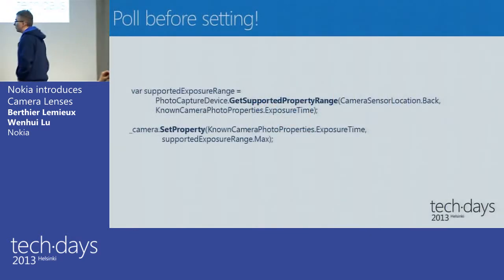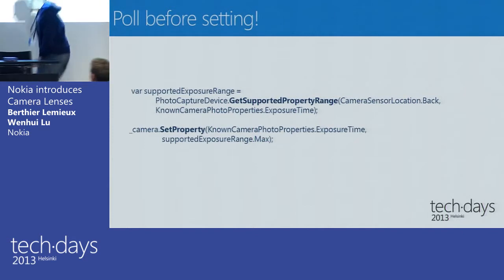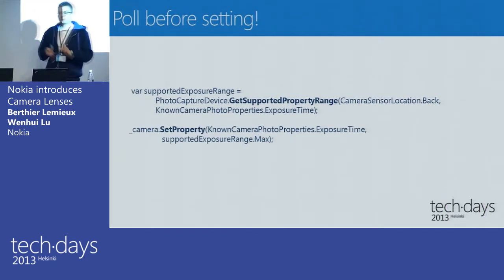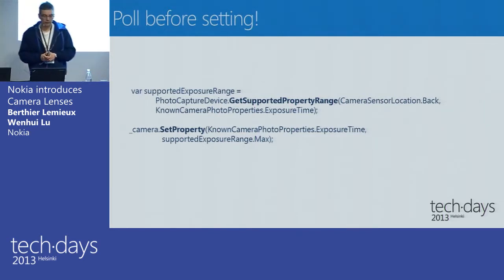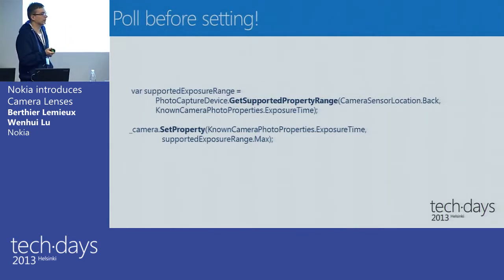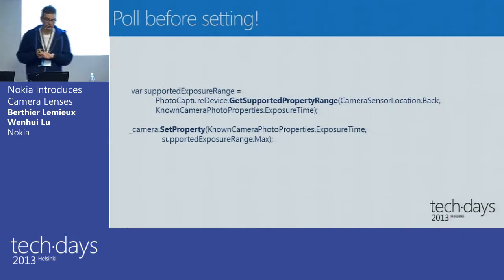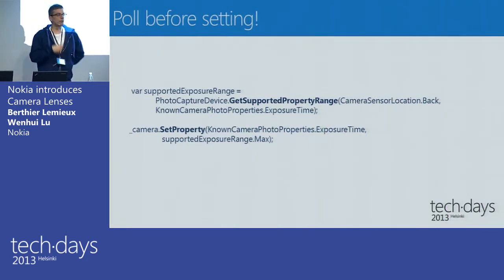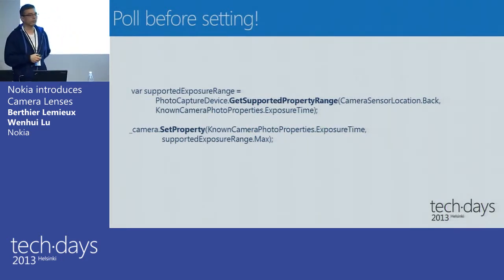But let's go back to the coding. That's why I was here. And now it's very important. If you use this new API, the photo capture device, it's really important that you poll before your setting. So in this example, I would like to change the exposure time and make it as long as possible. The first thing I'm going to do is use this get supported property range.